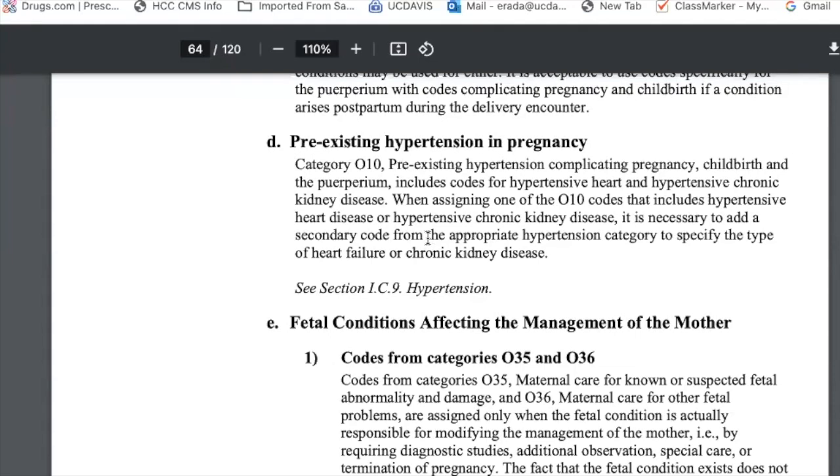Let us try, guys. Can you please grab your book and let's go to this code O10, the subcategory O10. Everybody please do that and do as I am actually doing it now. I'm going to O10. And let's see if there are additional instructions that come with it.